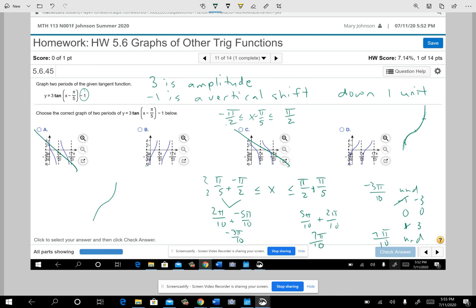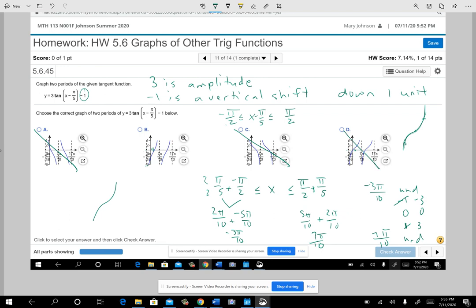And then we've just got to double check on the stretch and the shift. Okay, so normally halfway between the two asymptotes, you'd be right at 0. But then you've got to drag that down 1 unit. This looks like it went up 1 unit.